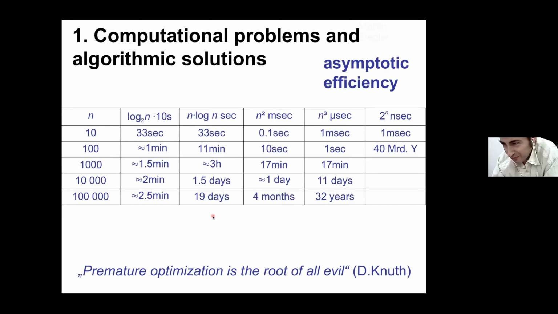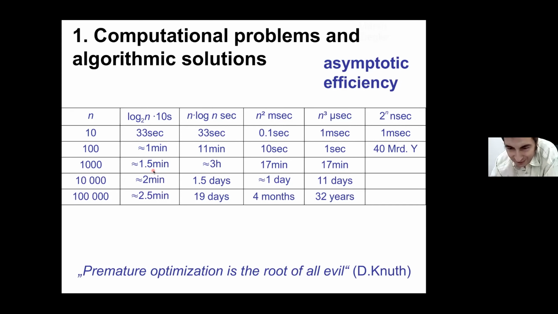Even with the fastest machines, an exponential algorithm will not be able to do more than about 100, whereas with the machines of 100 years ago, you would probably still be able to do 100,000 when you have a logarithmic algorithm or logarithmic complexity.